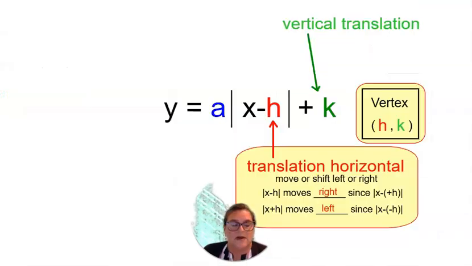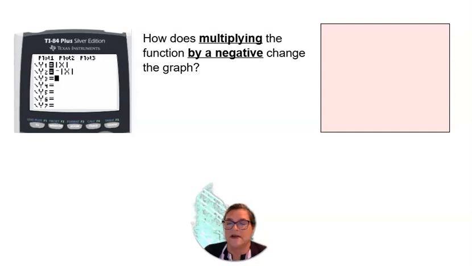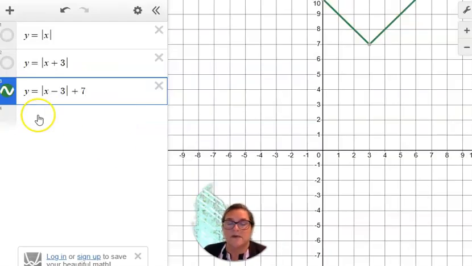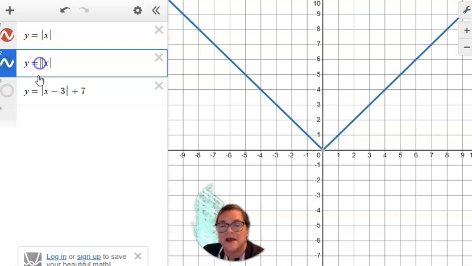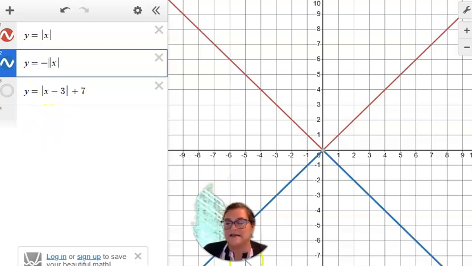Okay, so next transformation that we want to consider is multiplying the function by a negative out front of the absolute value symbol. And when we put that negative in the front, so we'll get rid of this plus 3 and put a negative out there, we see that the graph flips upside down.